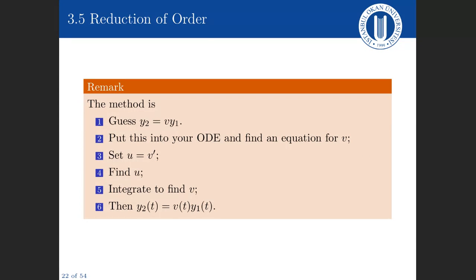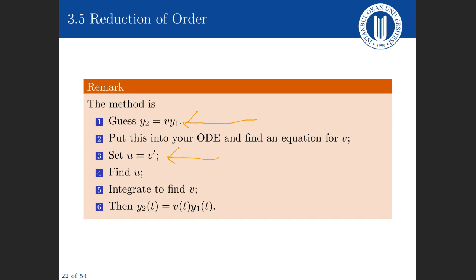Let me repeat the method. Anytime you do reduction of order, this is what we're going to be doing. We know that y1 is a solution, and we make a guess that y2 is equal to v multiplied by y1. We put this into our differential equation, and we find an equation for v.